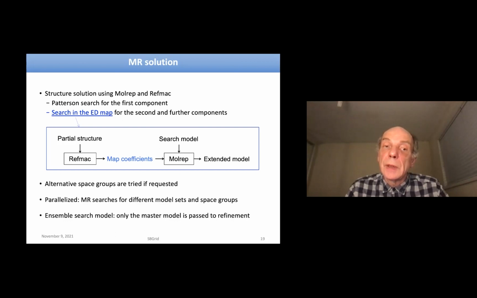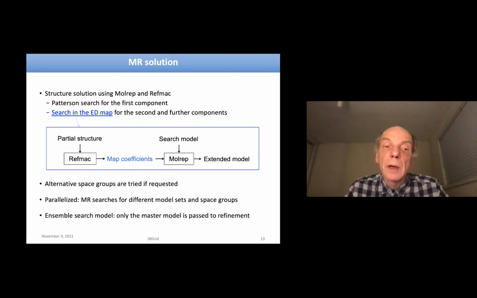The partial structure is loaded in REFMAC, map coefficients are calculated, and the second search model and map coefficients are given to MoRDa, and that search is much more contrasting, as you can imagine, than the Patterson search. We've got approximate phases there already.